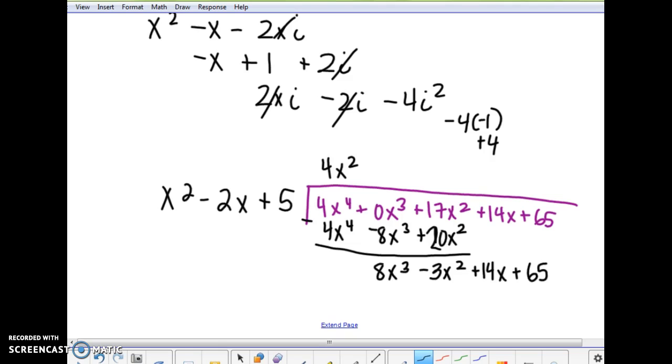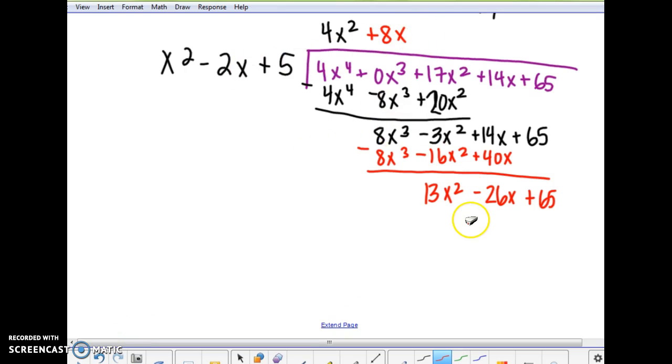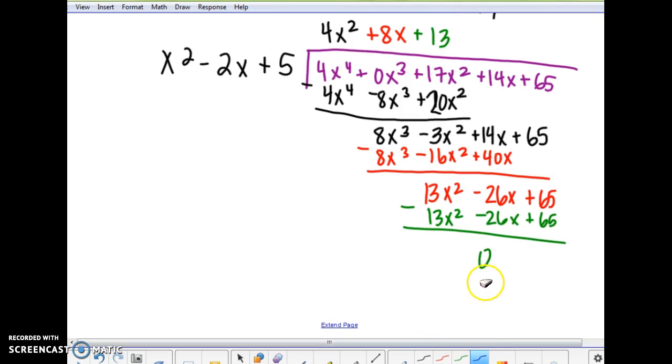So the first one I have is 4x squared hanging out up there. Subtract everything through. 8x cubed is going to lead the way, so your next one is going to be plus 8x. Once I multiply that 8x through and subtract, I'm left with 13x squared minus 26x plus 65. So my next one is going to be plus 13. And when I multiply all of that through and subtract, my remainder is 0.